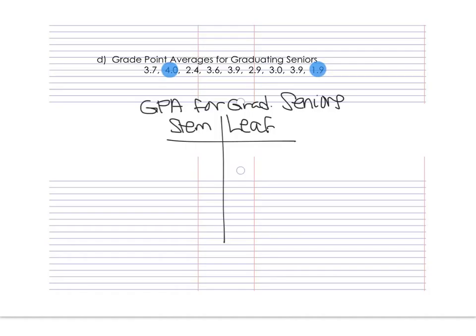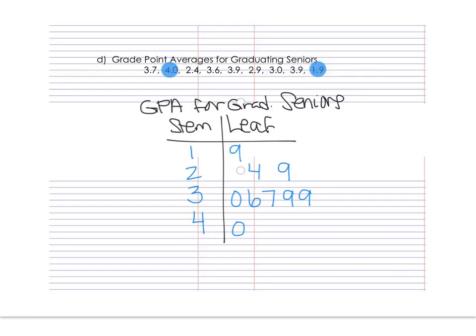So my stem goes from 1 to 4. And I want you guys to see if you can finish just the stem and leaf plot, and then we'll take a look at writing the key together. So go ahead and finish the stem and leaf plot, and then we'll take a look at the key.